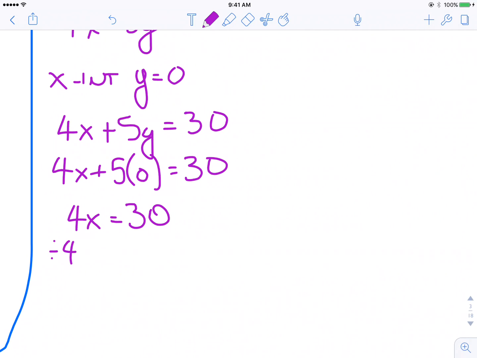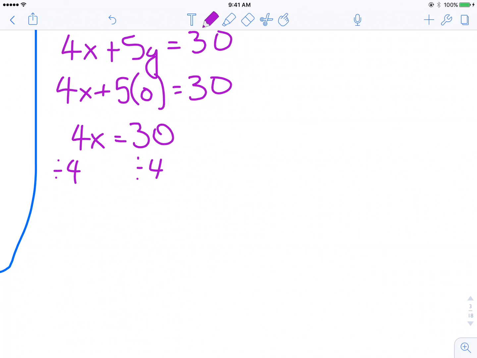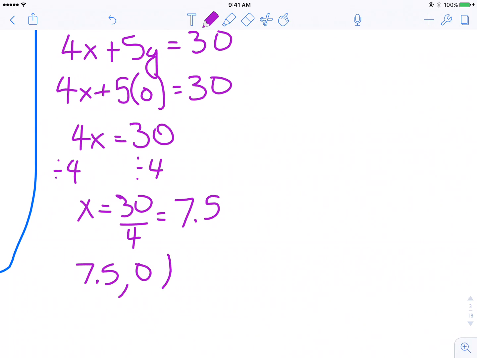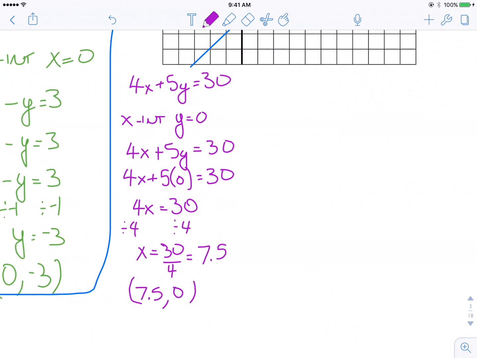Divide by 4, and x gives me 30 over 4. Can't really plot a fraction, so I'm going to calculate that to 7.5. So 7.5, 0 is coordinate point 1, my x-intercept.